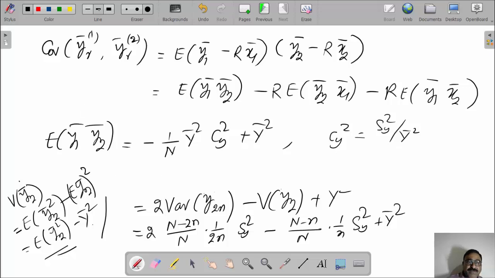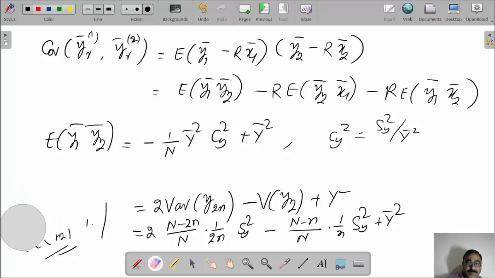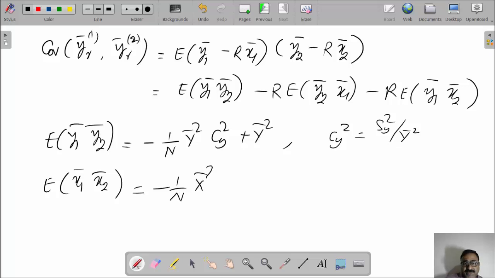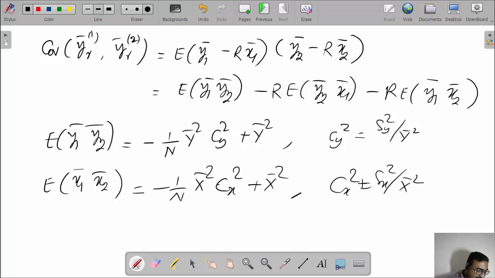So similarly, expectation of x1 bar x2 bar is equal to minus 1 by n x bar square Cx square plus x bar square, where Cx square equal to Sx square by x bar square. Now again we have to find out expectation of x1 bar y2 bar.